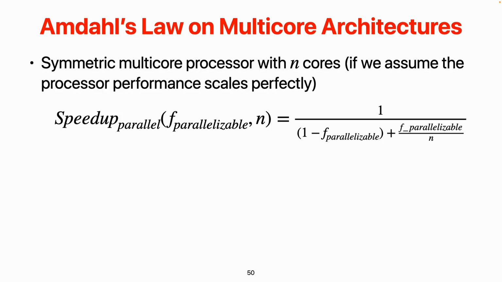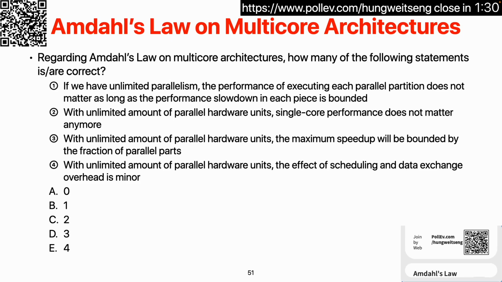So using the format of Amdahl's law, we can just replace the optimizable f with f parallelizable, and the speedup factor with n, which is the number of your processors. So based on that format, can you have some insights regarding how that helps us in software development in the era of parallelism?